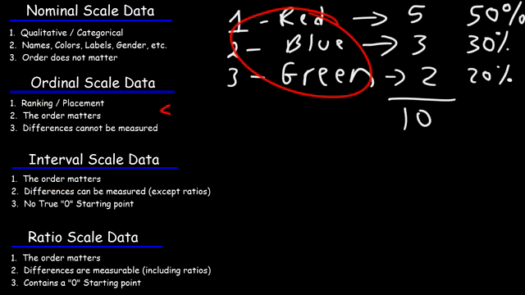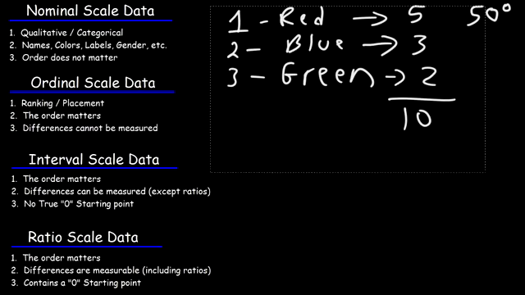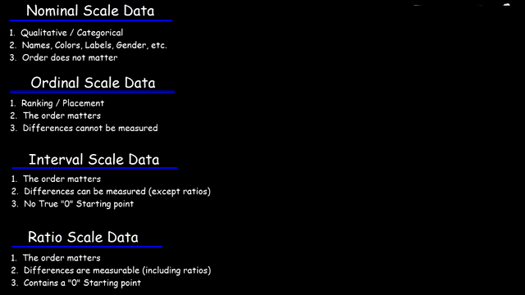So let's talk about the second one, the ordinal scale data. This type of data is typically used to rank things. Let's say you have a race. There's a first place winner, there's a second place winner, and there's a third place winner.